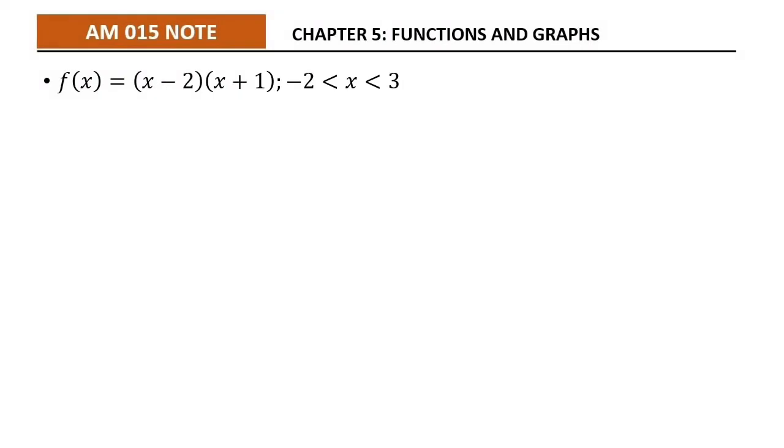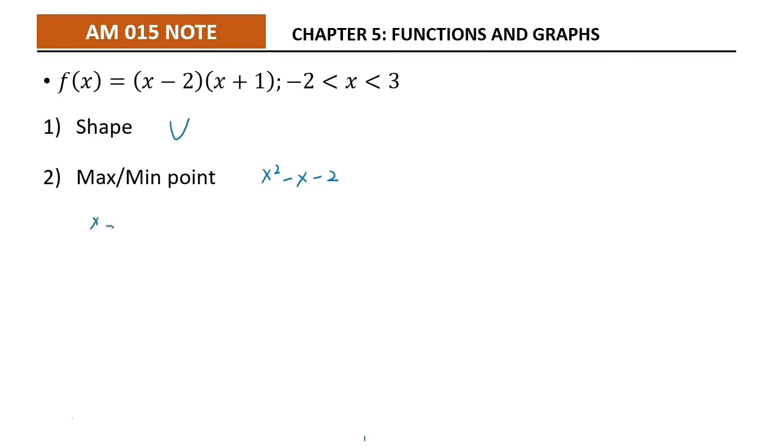Last example for quadratic graph, f(x) equals (x minus 2) times (x plus 1) for x between negative 2 and 3. For this function, the shape is x times x, positive, so smile graph. Maximum or minimum point: we need negative b over 2a, so expand to x squared minus x minus 2.